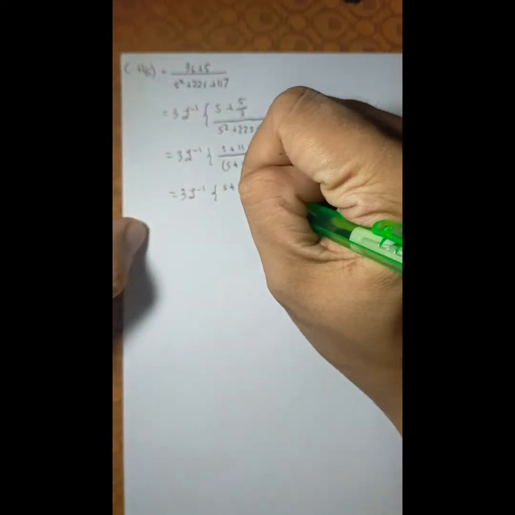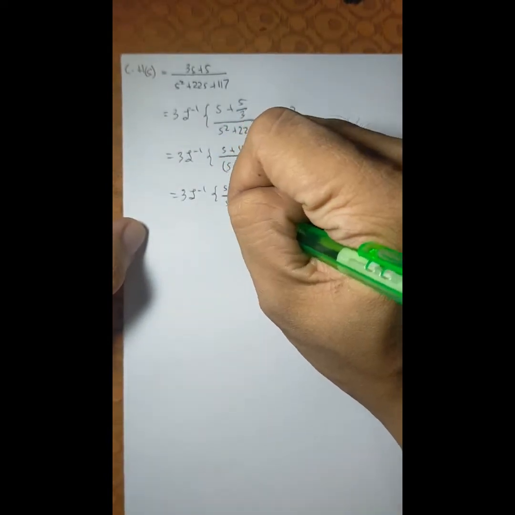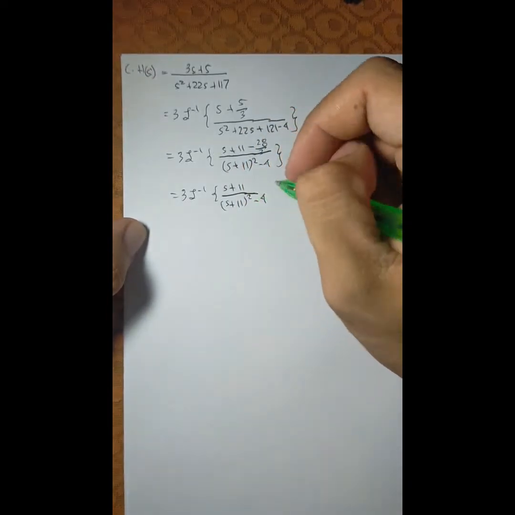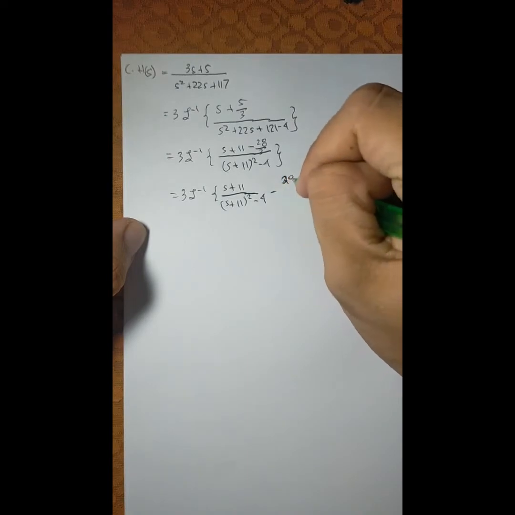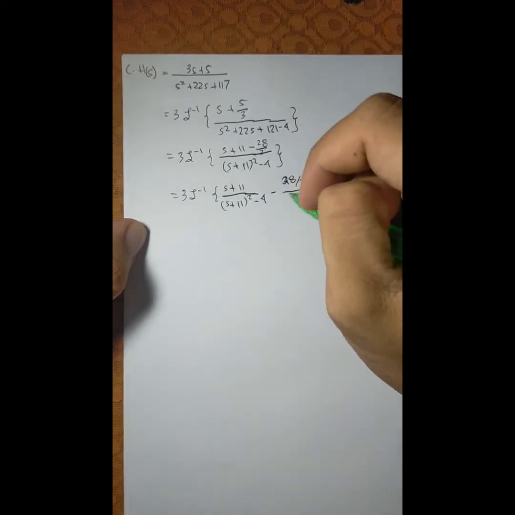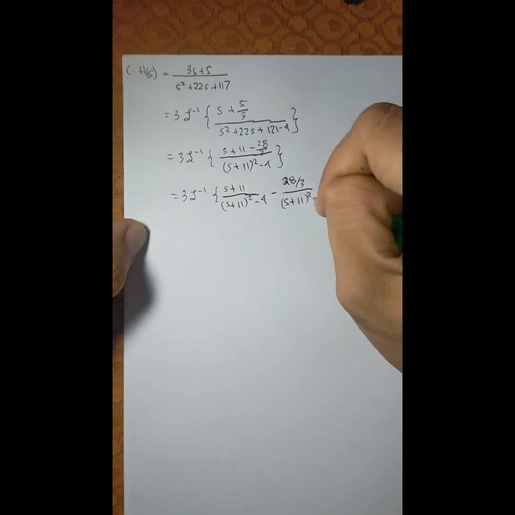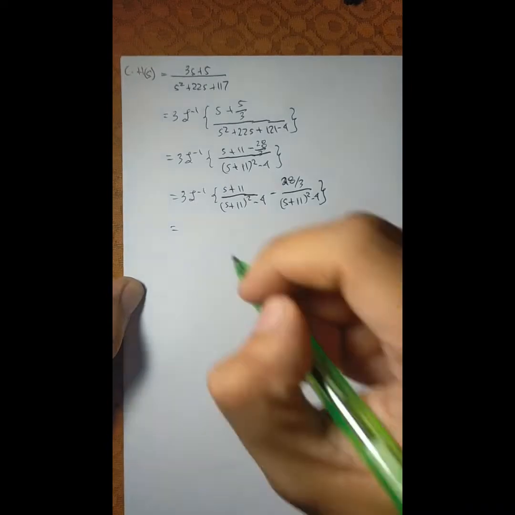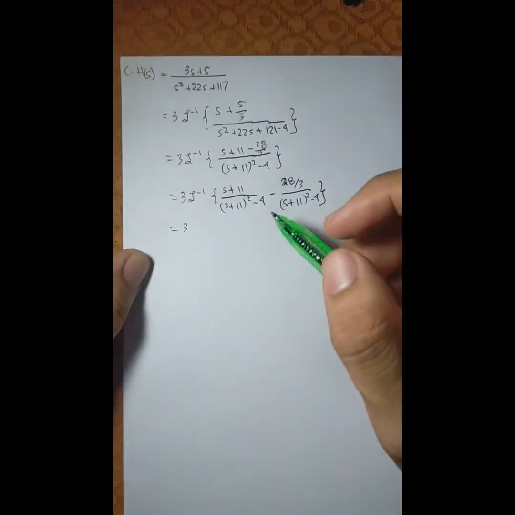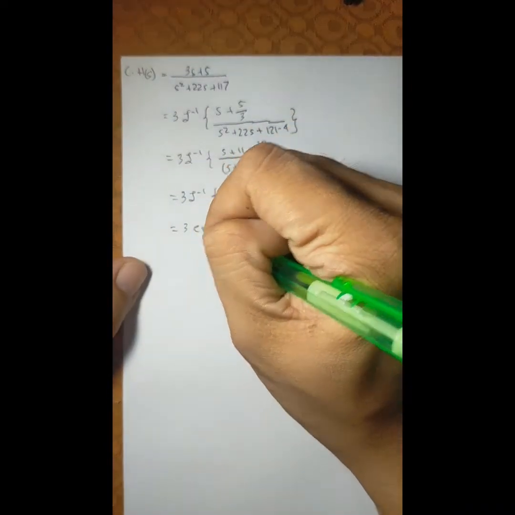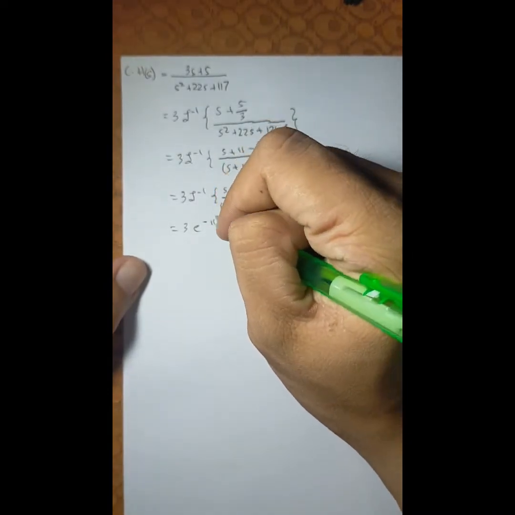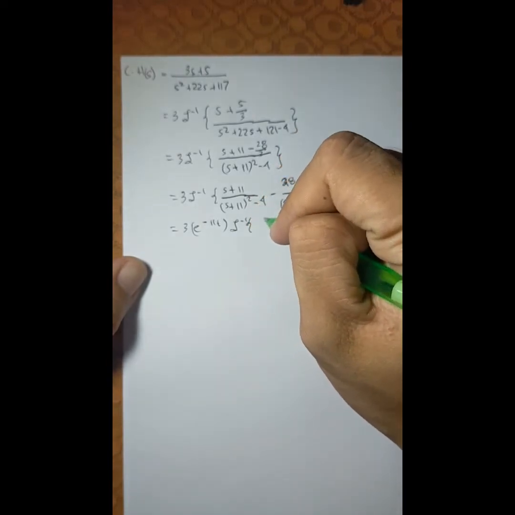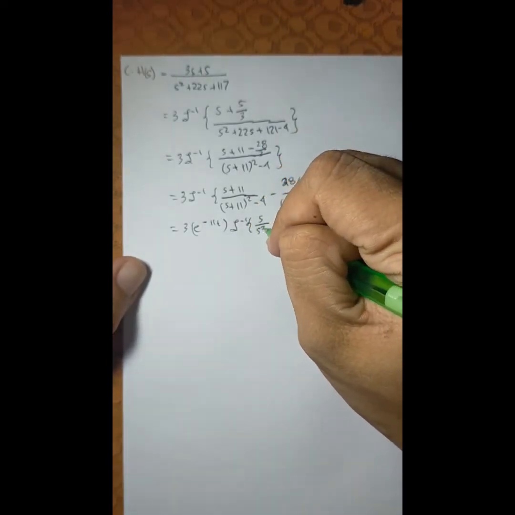It will become (s plus 11) over (s plus 11) squared minus 4, minus 28 over 3 all over (s plus 11) squared minus 4. And we have 3. This can be equal to e raised to negative 11t inverse Laplace transform of, left is s over s squared minus 4.